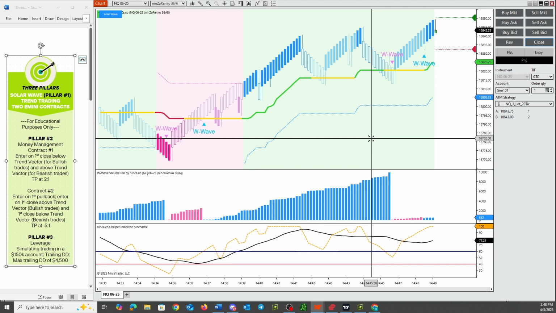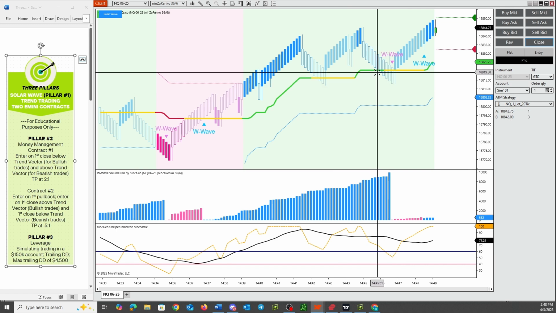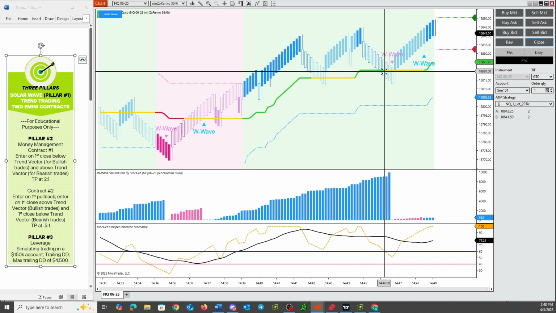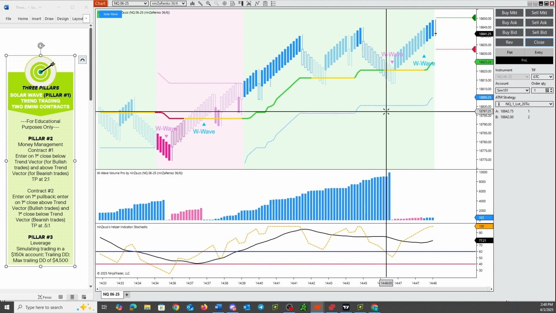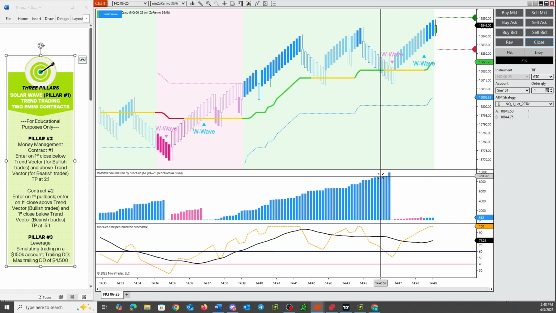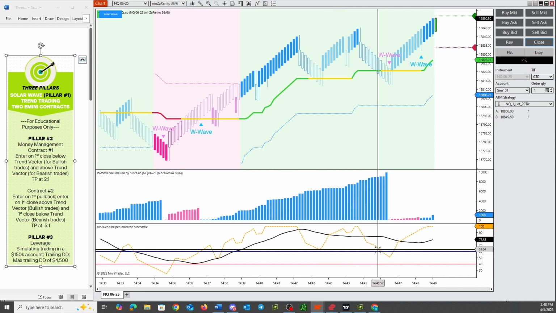But here you only had 2 of the 3 confirmations. Had I entered here, I would have been clear to put another buy limit in right at the trend vector, because this was still bullish, and the D was still above.